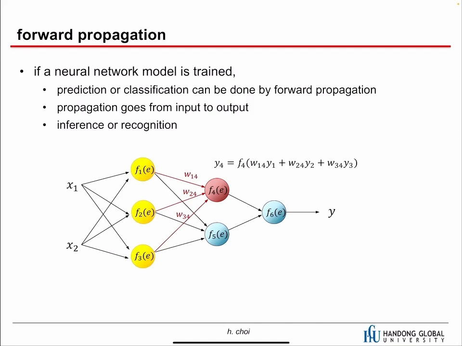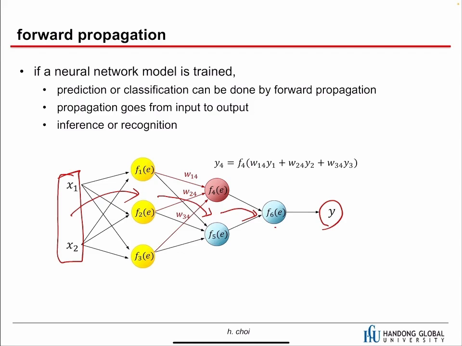Given this input x, it goes to the next layer. It's a simple operation: multiplying the matrix by this vector, adding some bias if there is one, and then applying the nonlinear function, and that's it. And we can go to the next layer and then the next layer. If it is the last layer, then we can generate the output. That is the forward propagation.